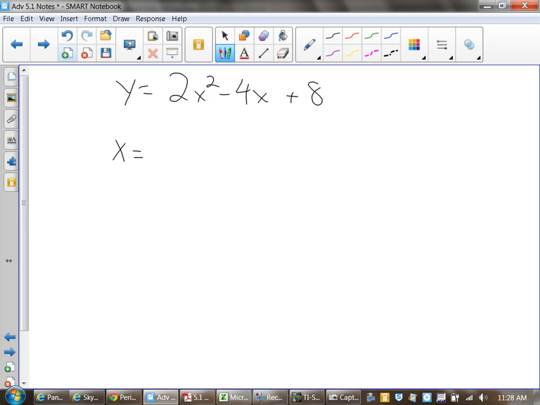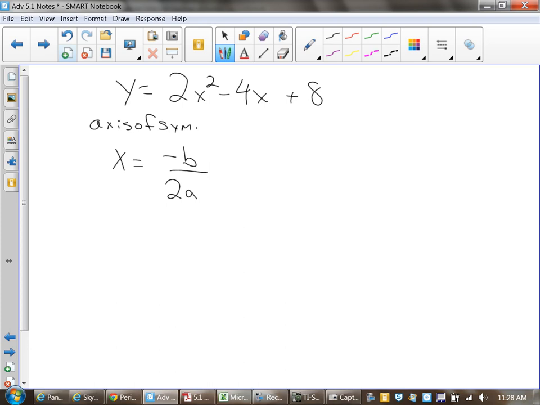Well, this axis of symmetry has the equation x equals the opposite of b divided by 2a. Those a, b, and c are the coefficients. Now, I'm looking at the equation y equals 2x squared minus 4x plus 8, and my value of b is negative 4.